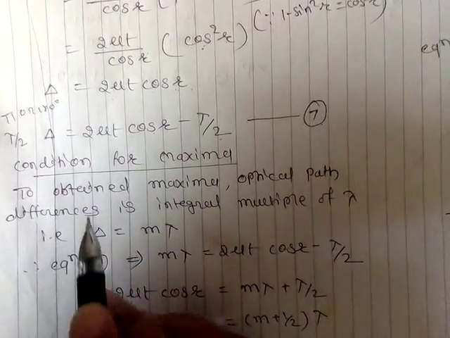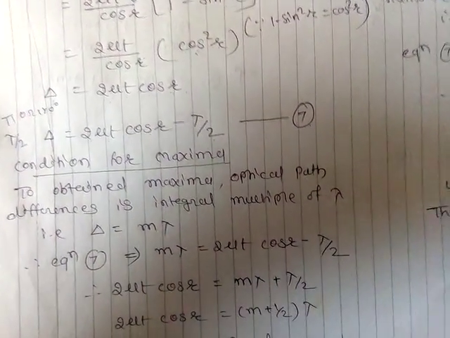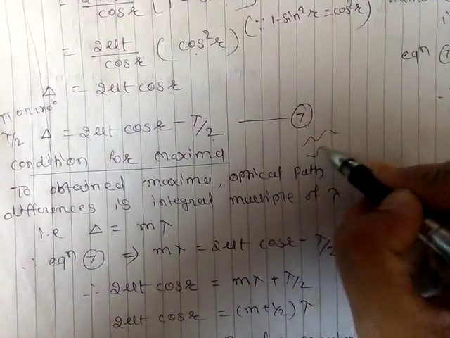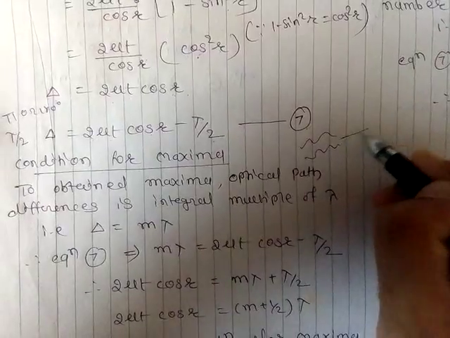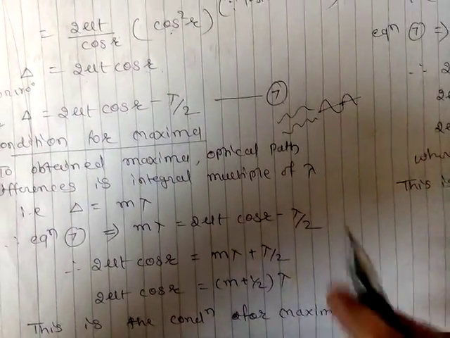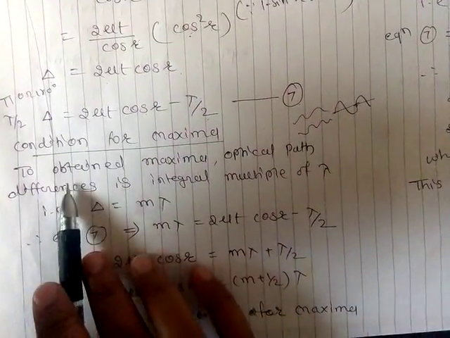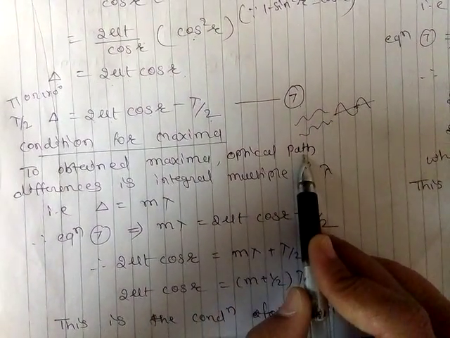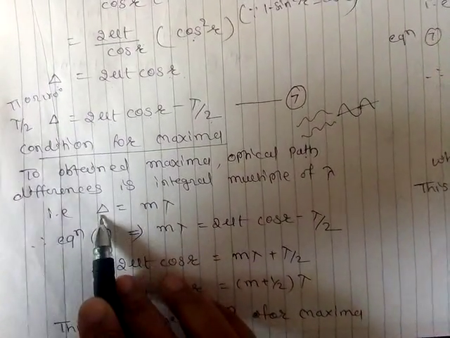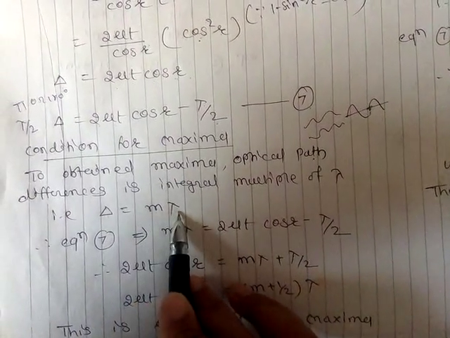Now the condition for the maxima. We know that reflected rays travel in a medium and intersect with each other to form interference. According to the optical path definition, the condition for maxima is delta equal to m lambda.